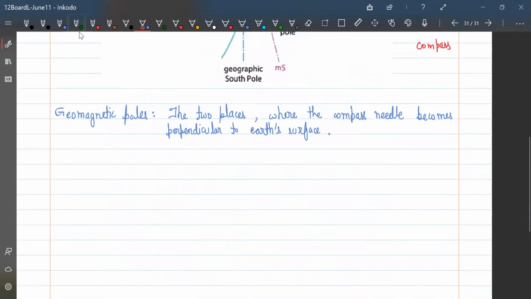Next is the magnetic axis of Earth. This is the line joining the magnetic north and magnetic south.